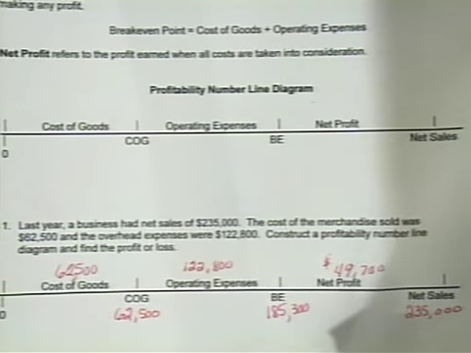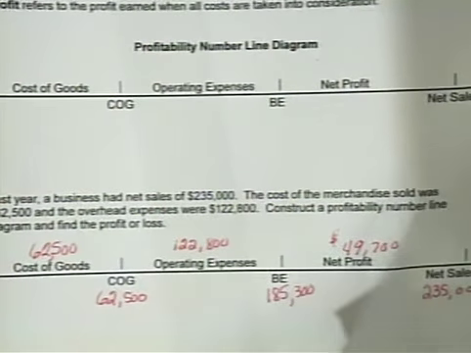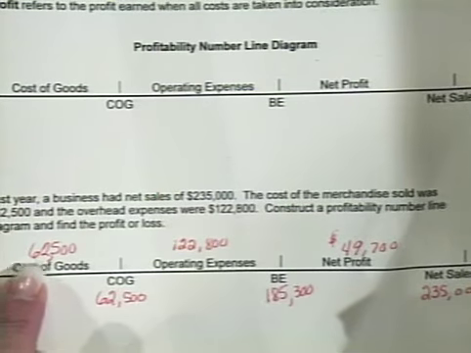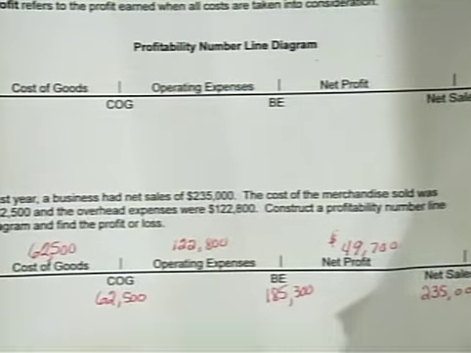First, we need to calculate the break-even point. The break-even point is the total of the cost of the goods plus the operating expenses. What's the break-even point for our business? $185,300. That's right. The break-even is cost of goods plus operating expenses.